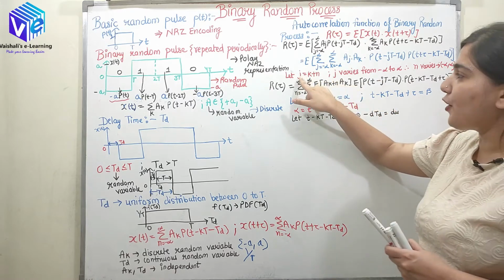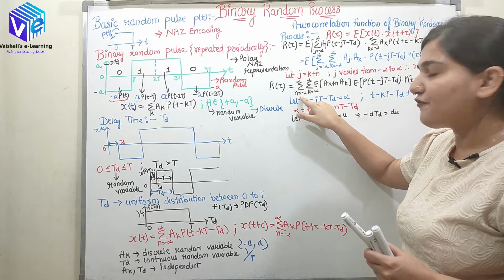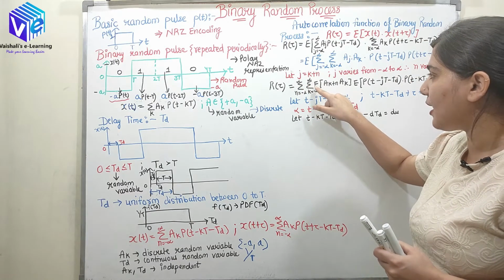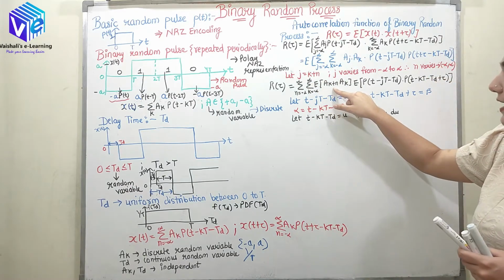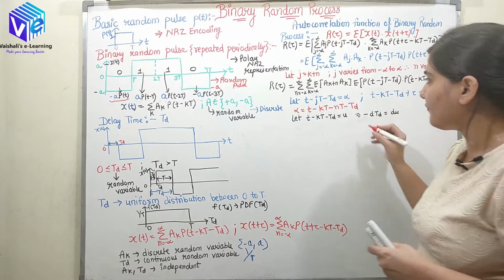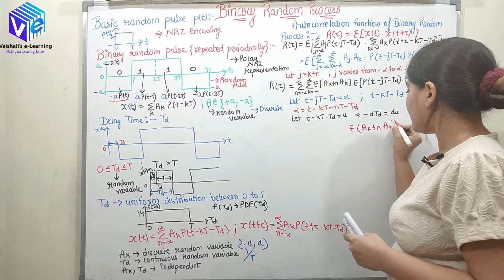Now instead of j, I'll be putting k plus n. n is changing from minus infinity to infinity, and I have taken it on the summation. Now I have taken E to be inside, so E of a_{k+n} a_k. What is this?